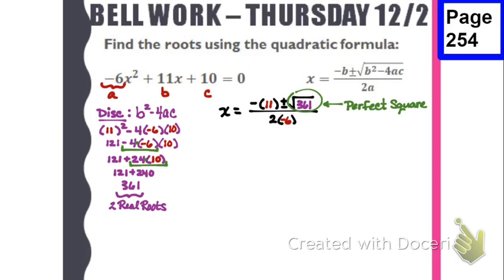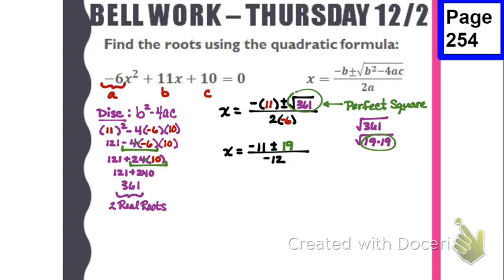What is the square root of 361? 19. So that means 361 is 19 times 19. Yes. So there's going to be a 19. Will it be under the radical? No. So I have -11 plus or minus 19 all over what?